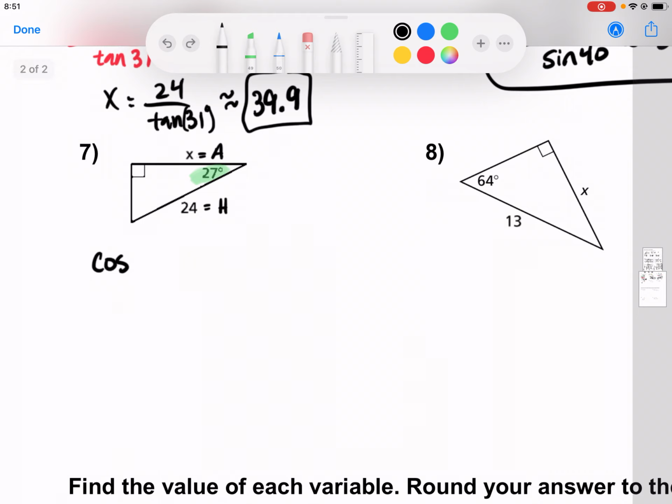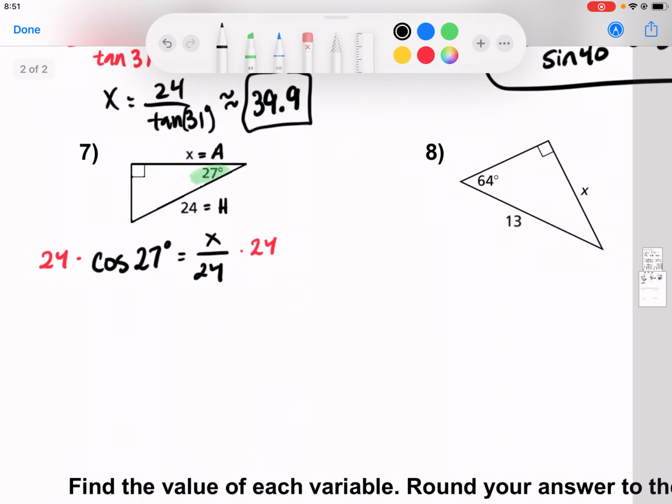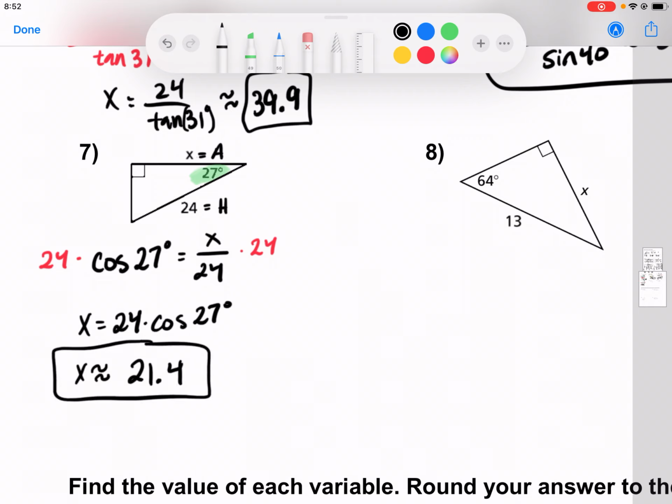Cosine of 27 degrees equals our adjacent over hypotenuse. The number's on the bottom, x is on top. When x is on top, you just multiply by that bottom number on both sides. So x will be 24 times cosine of 27 degrees, and then you type it in. 21.4 is approximately our answer.